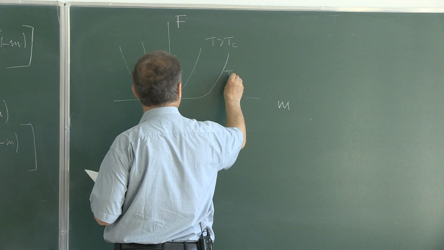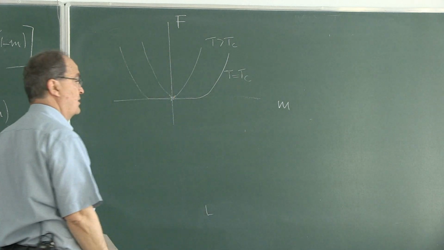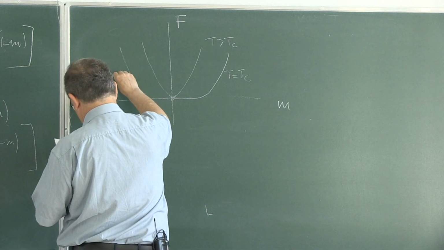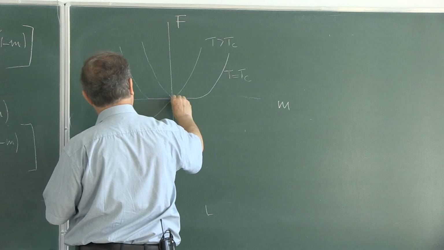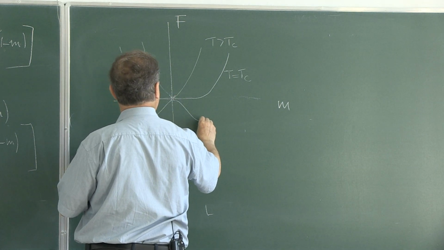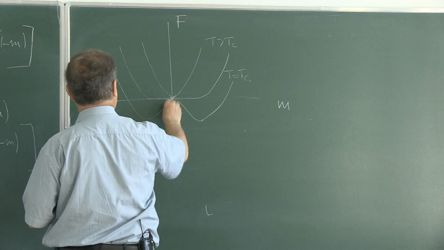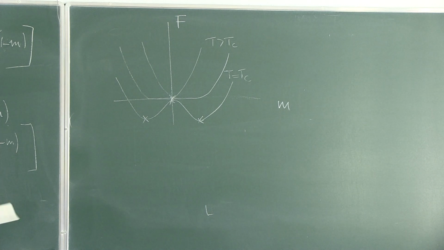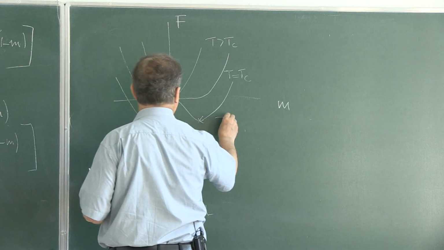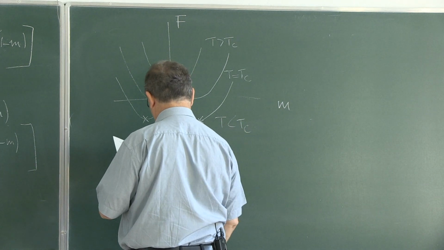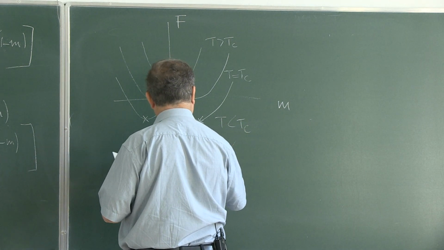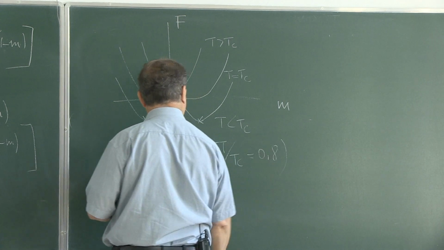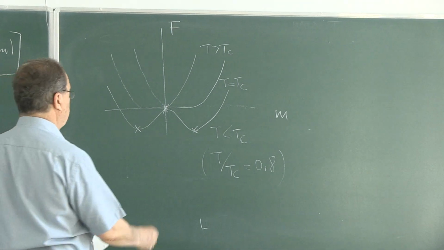At T equals Tc, that's the form of the free energy, and below it is something like this. So that we have magnetization below the critical temperature. And this is for T over Tc equal to 0.8. You can do that yourself too.